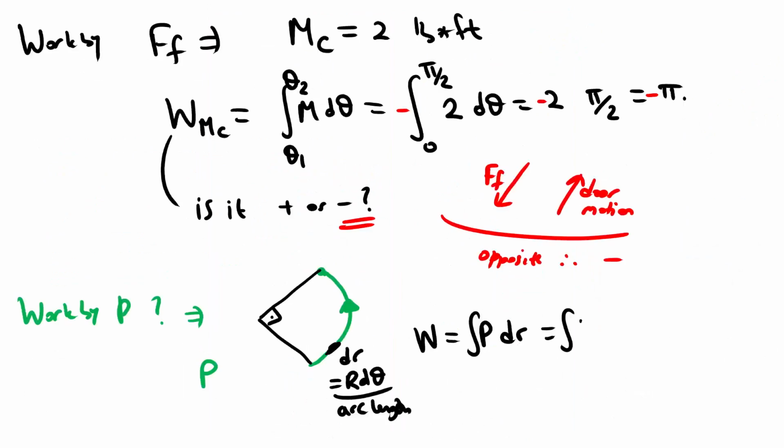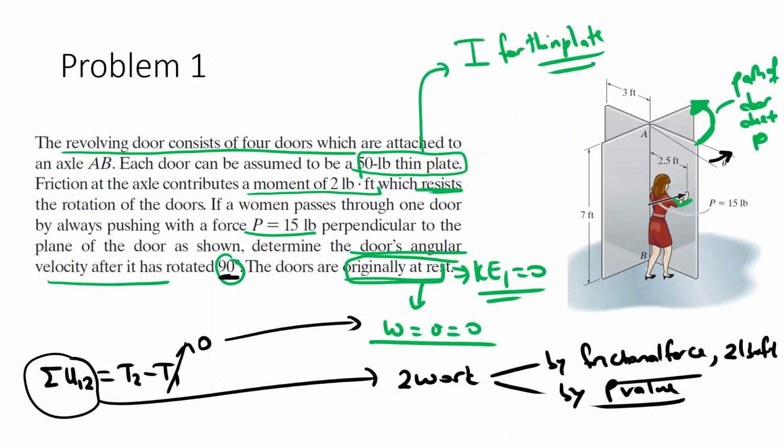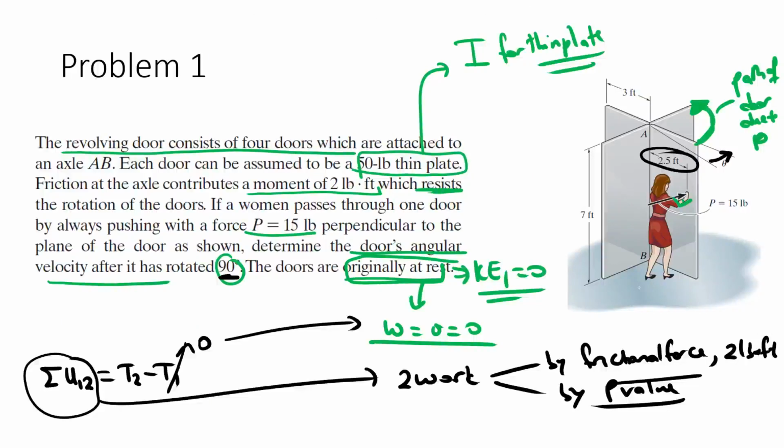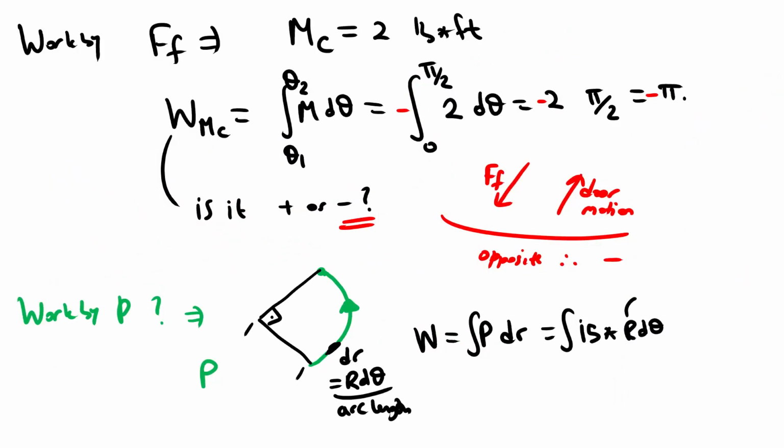The P value is 15 lb. For dr, I will just write r dθ. The r value is 2.5 feet. This r is 2.5 feet.